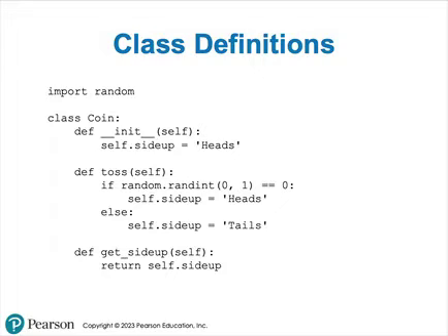We're then going to have a toss method that, if we call it, is going to generate a random value, 0 or 1, and if the value is 0, it's going to set that side up variable to heads. Otherwise, it's going to set it to tails. And then here's one of those getter methods. get_side_up is going to return the current value of the instance's side up variable. So it'll return whether it is currently set to heads or tails.